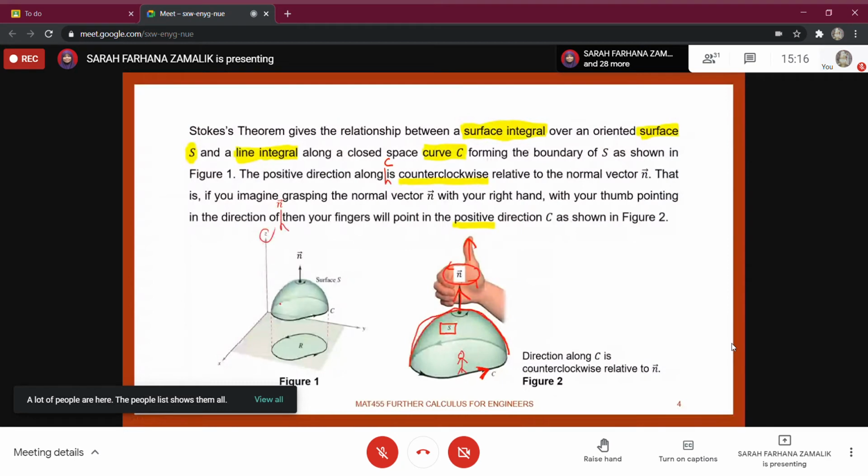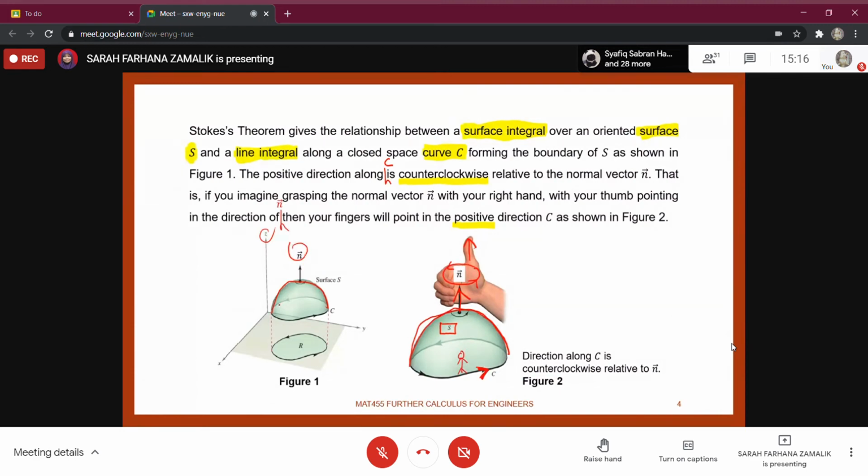So yes, so surface ni lah yang menghadap positive Z kita, which is your positive unit normal. So sebab tu kita tahu inilah surface S kita. Okay, so it related to your curve C kat sini. Direction dia mesti counterclockwise. So that is your line integral C related to your surface S.